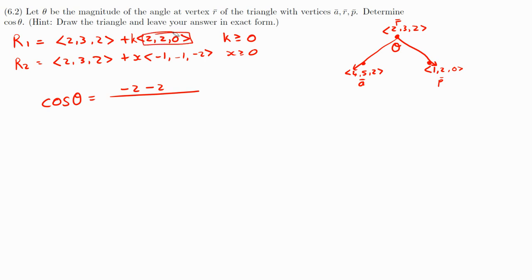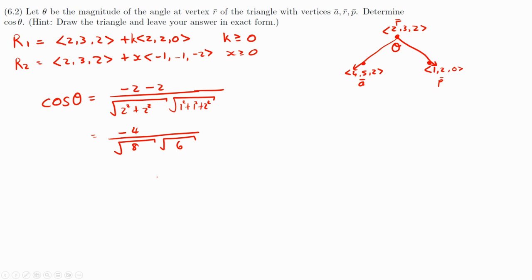The magnitude of this one alone will be the square root of 2 squared plus 2 squared, and this one will be the square root of 1 squared plus 1 squared plus 2 squared. Okay, so this is minus 4 over the square root of 4 plus 4 is 8, and then 4, 5, 6.